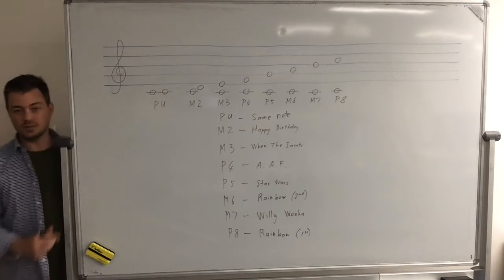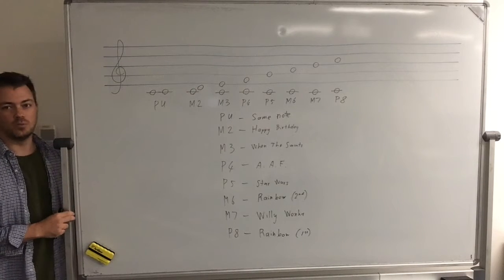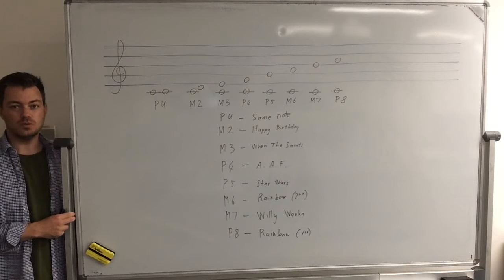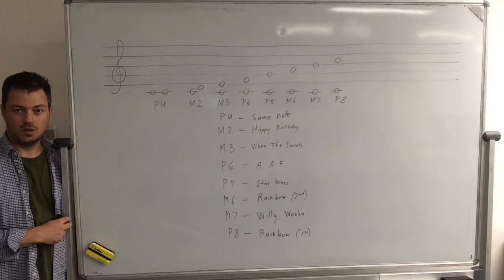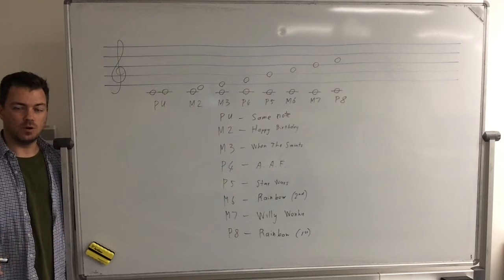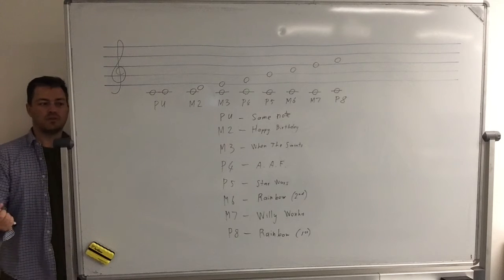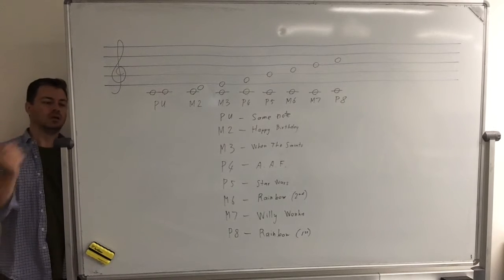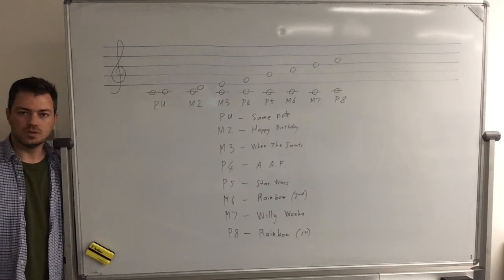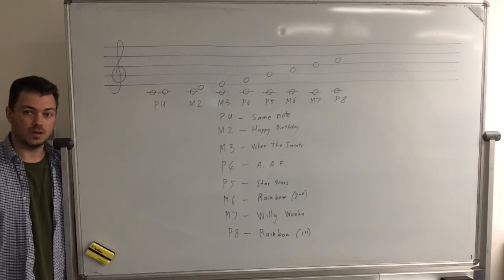So the order was, the first one was a perfect fifth, Star Wars. The second one was a major seventh, Pure Imagination from Willy Wonka, or Take On Me. The third interval was a major second, Happy Birthday. The fourth interval was a perfect fourth, Advance Australia Fair.